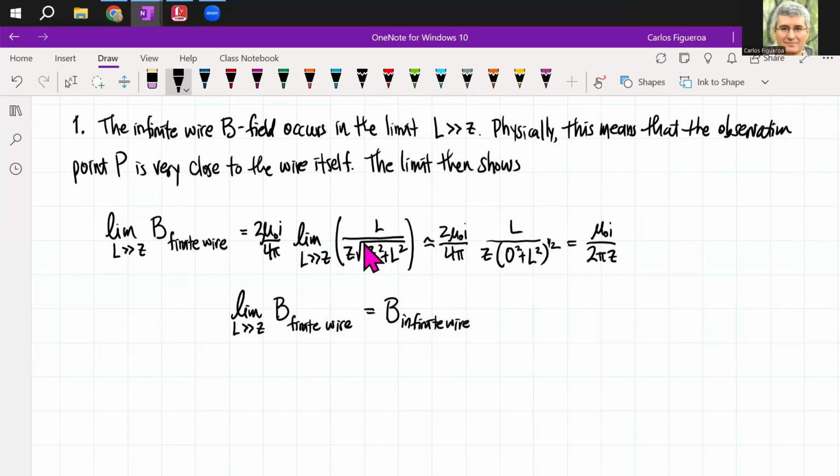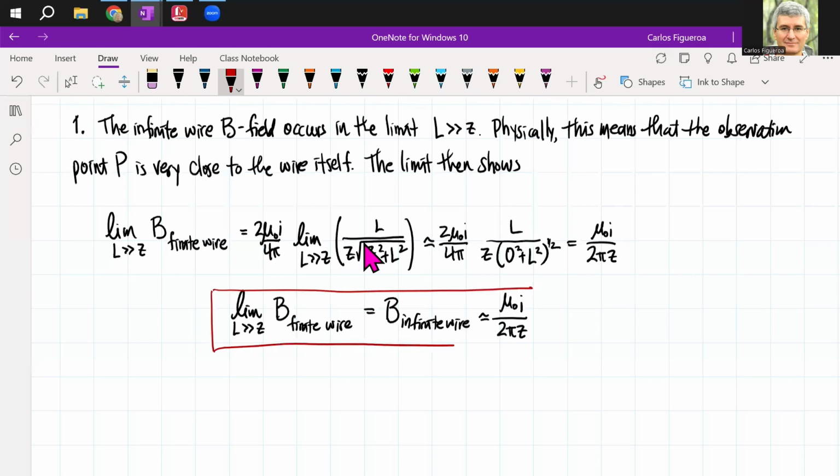And of course, this is going to be an approximation. It depends on the number of sig figs that we're talking about. So this turns out to be a fairly important relationship for the reasons that I stated in the previous lecture.